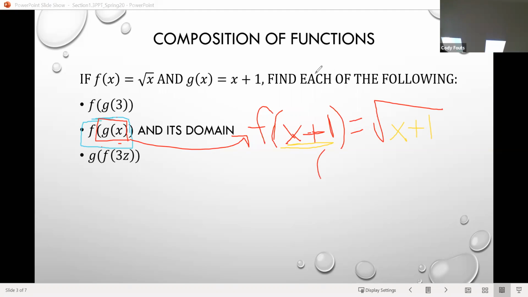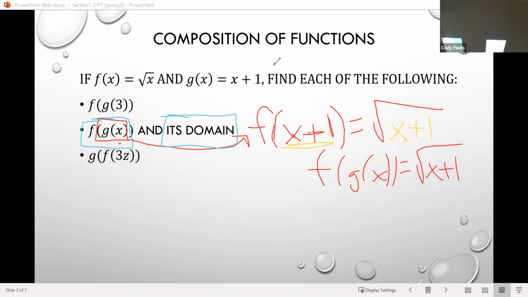We have f of g of x equals what we get when I put those two functions together. Now you'll notice the second direction here says define as domain. I'm not going to go over that right now because we did that on a previous video. So you may want to refer back to that. I believe it's the first video for section 1.1 and 1.2 that has the information for that.